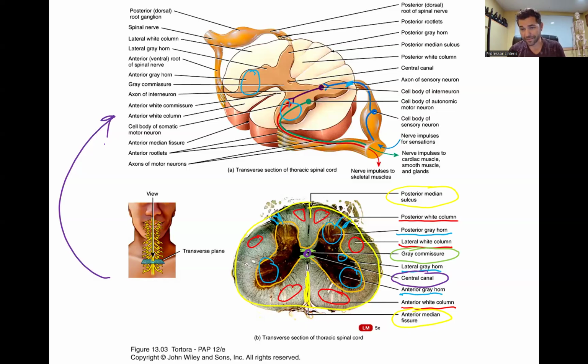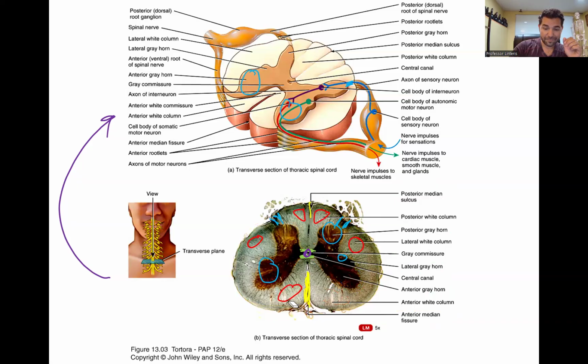Those are called tracts. We'll definitely talk about it in lecture, and in the lab it will be in 2 labs from now. Be familiar with the parts. I'm going to erase this so you have a little bit clearer of a picture of what that stuff is pointing to.